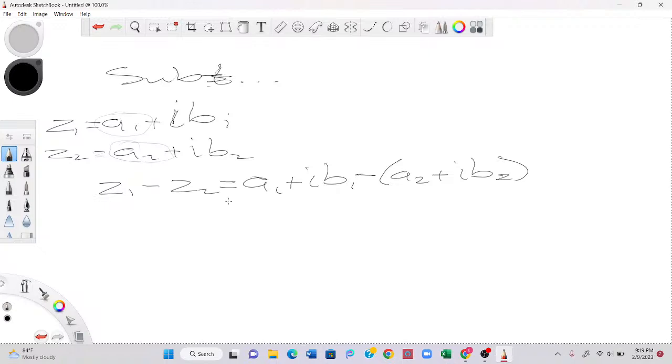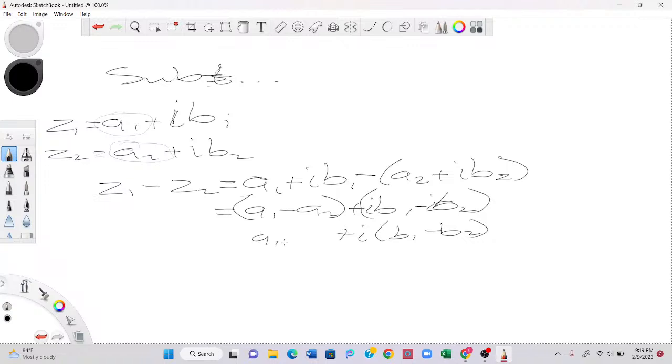With the subtraction, you have to be very careful. So this becomes A1 minus A2, then plus iB1 minus iB2. We can factorize the i out, so it becomes (A1 minus A2) plus (B1 minus B2)i. That's it for the subtraction.